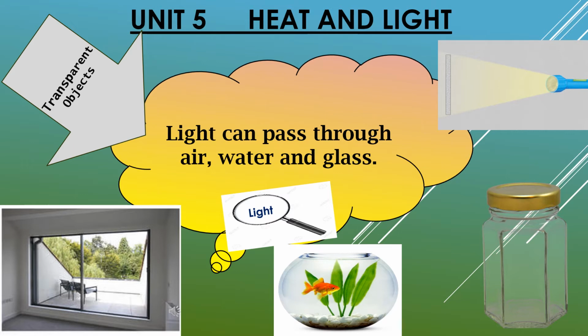You can see the light from the other side of the object, like window glass or a transparent glass jar or any transparent sheet, air and water. Through all these things, light can pass through, and these objects are called transparent objects.